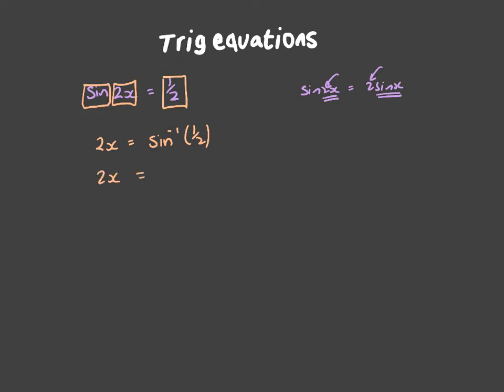If you type in arcsine of a half in your calculator, you're going to get 30 degrees. So that is your angle there, and then a half. Therefore, we can say in the first quadrant, and all these questions are just going to be in the first quadrant, then x is going to equal 15 degrees. You just solve for x.